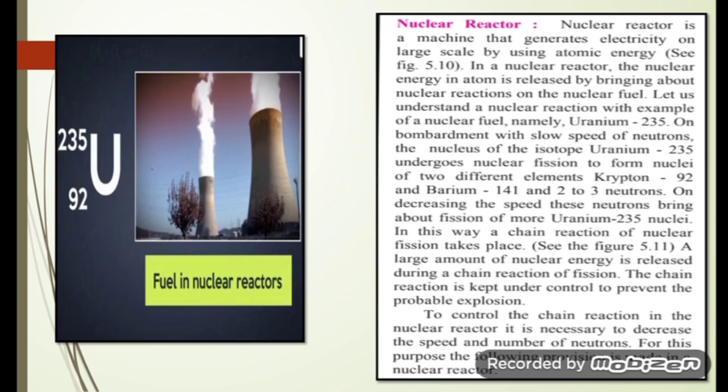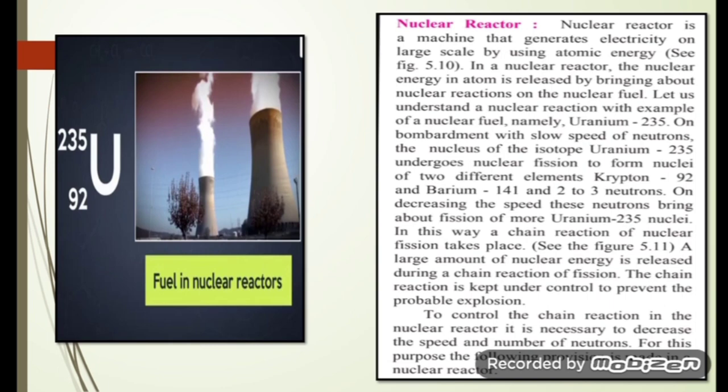On decreasing the speed, these neutrons bring about fission of more uranium-235 nuclei. In this way, a chain reaction of nuclear fission takes place. A large amount of nuclear energy is also released.